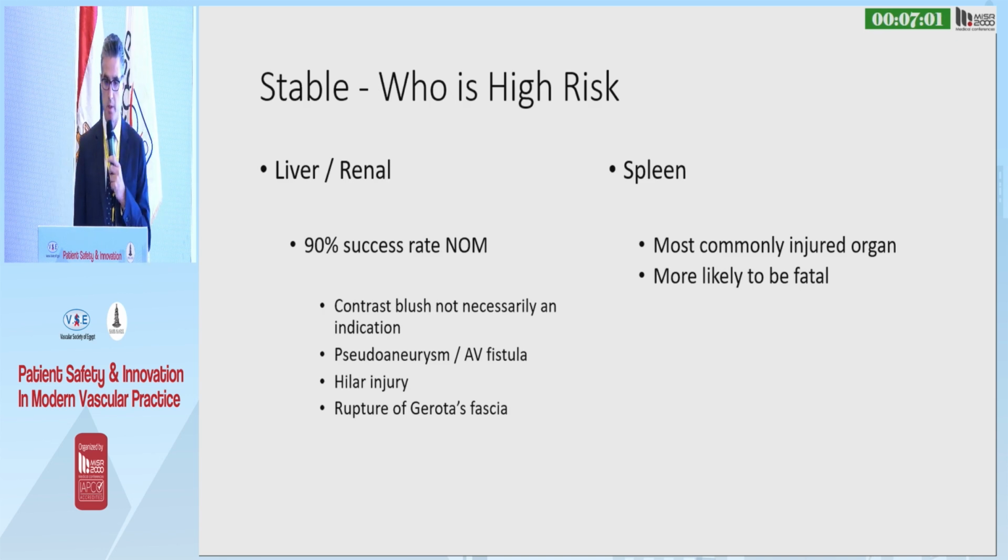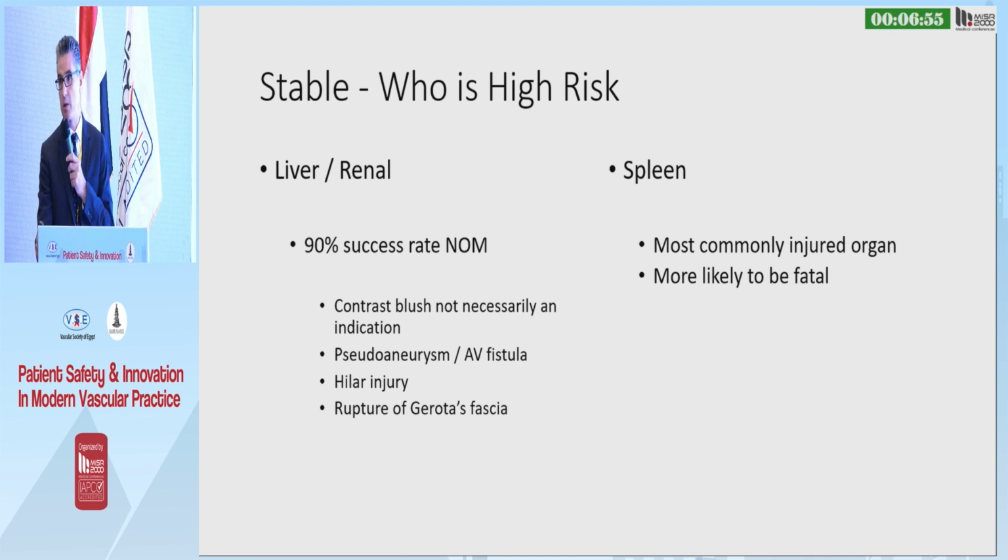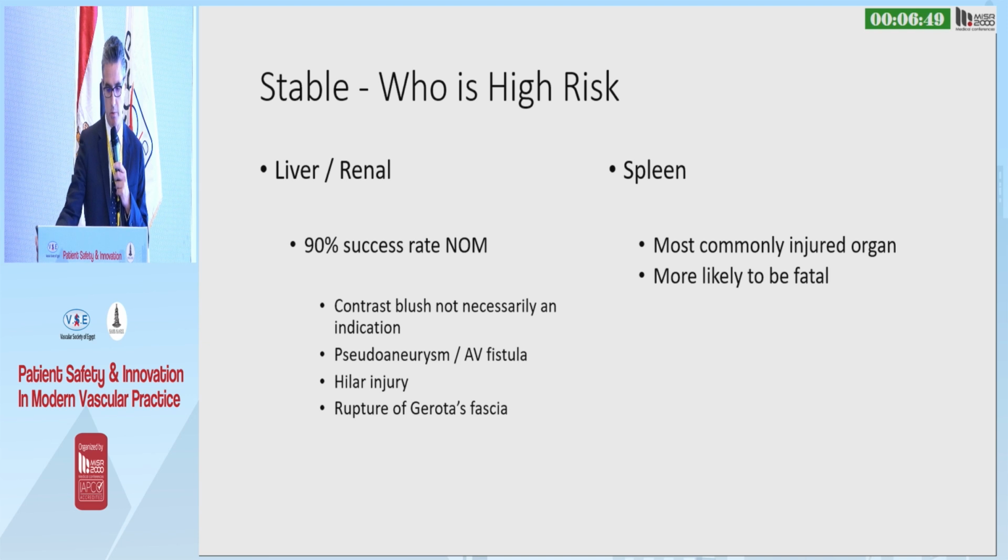So who is at high risk in the stable group? Well, if you've got blunt trauma to the liver or kidney, then actually you've got a very high chance of not needing anything doing apart from resuscitation and rehabilitation. Even if you see active bleeding on the CT, it's not necessarily an indication, if you're stable, to go and do anything.